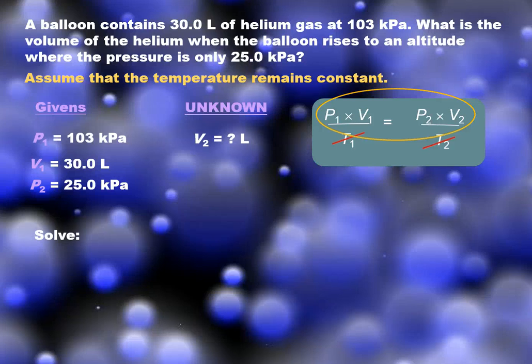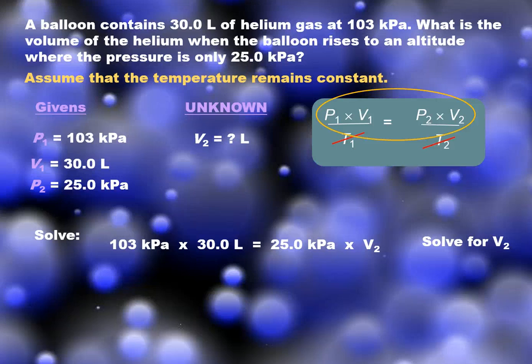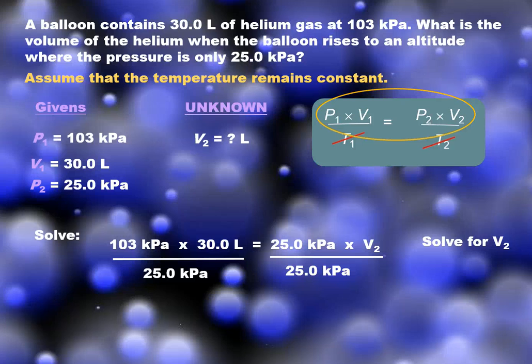So plug in your numbers. 103 kPa times 30.0 liters equals 25.0 kPa times V2. And we're going to solve for V2. So in order to do that, we divide both sides by 25.0 kPa. The kPa divides out, and then do your math.